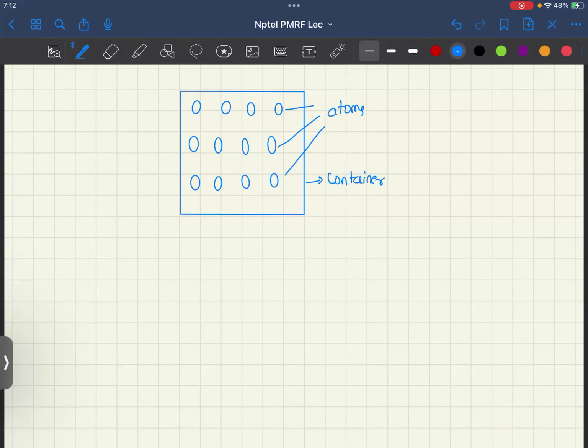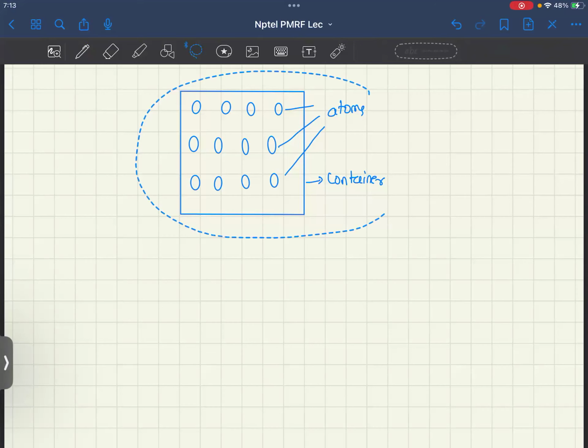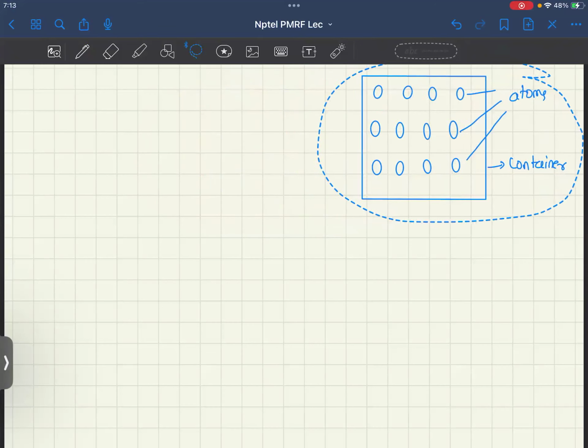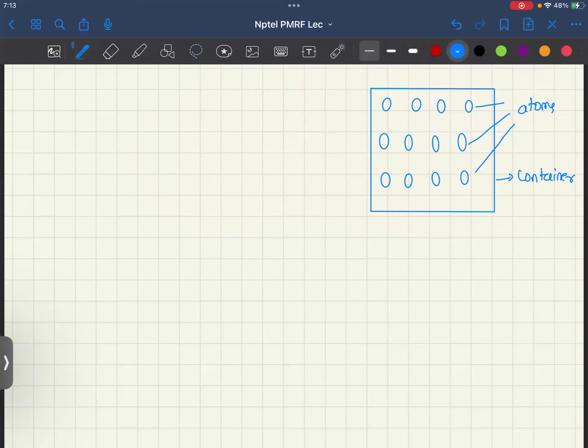Now let's say we have M quanta of energy. Now this has to be distributed over N number of particles, right?